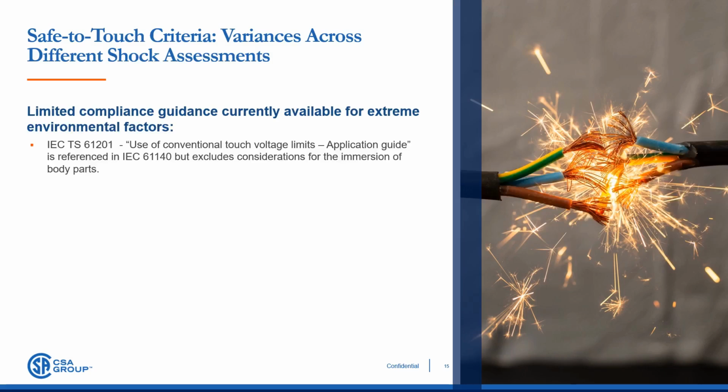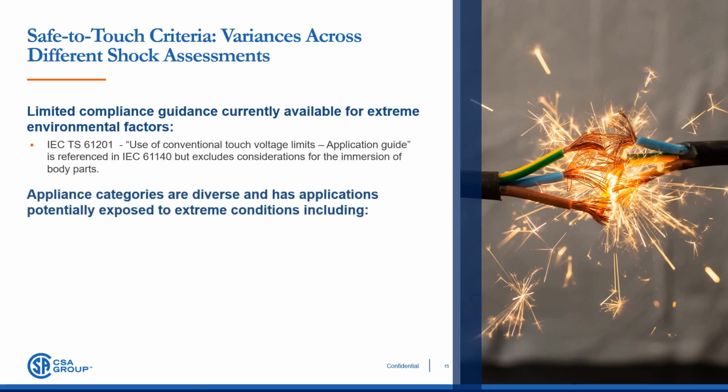The IEC 60335 series, covering a diverse range of products, includes applications subjected to extreme environmental factors. It covers animal grooming appliances which may be immersed in liquid, debris, or crushed by animals, in addition to electric toilet seats, animal breeding equipment, whirlpool spas, electric fishing equipment, electric fences, and more.